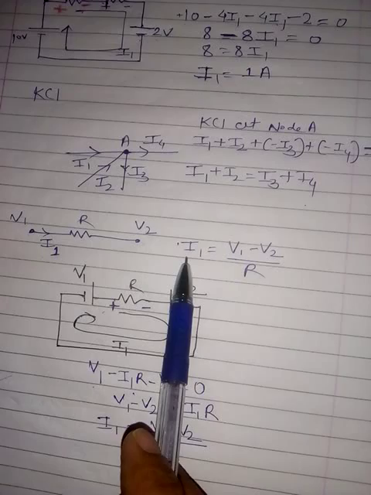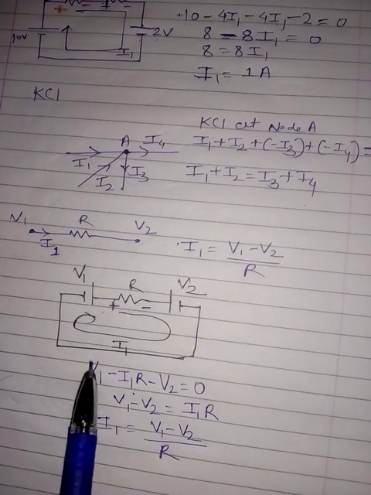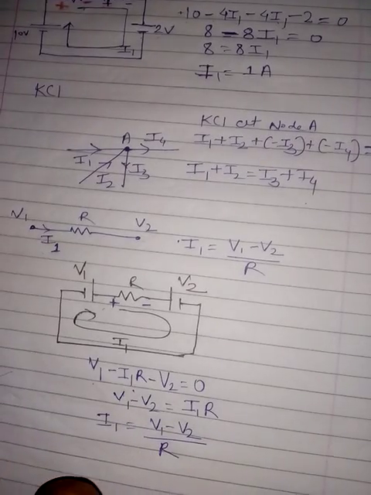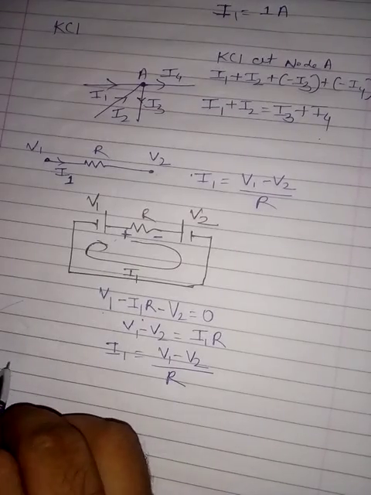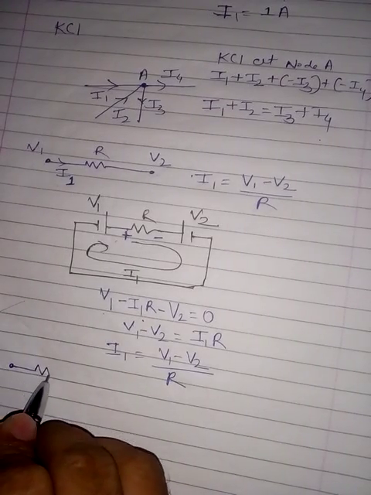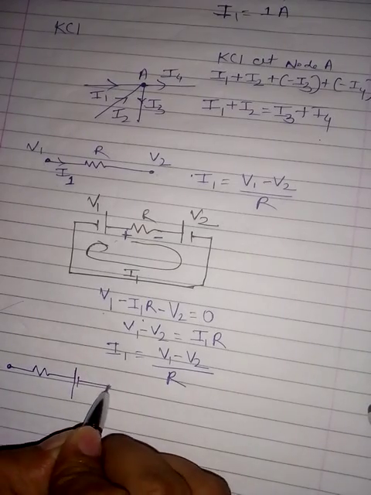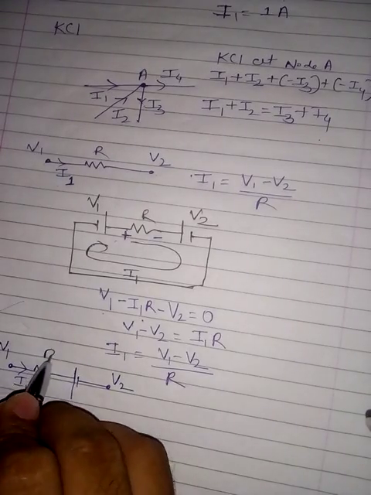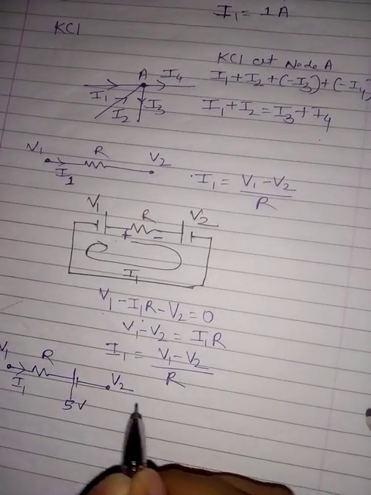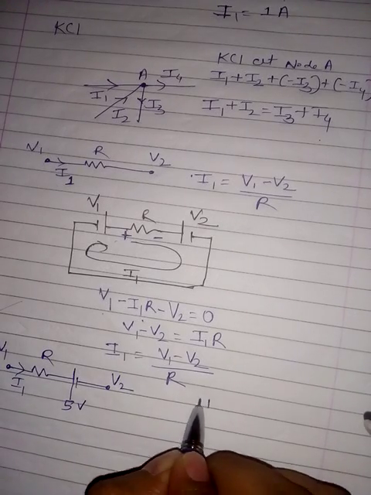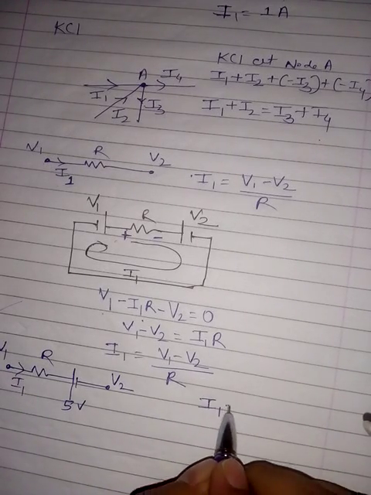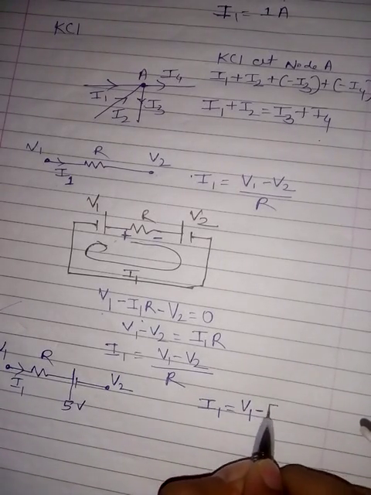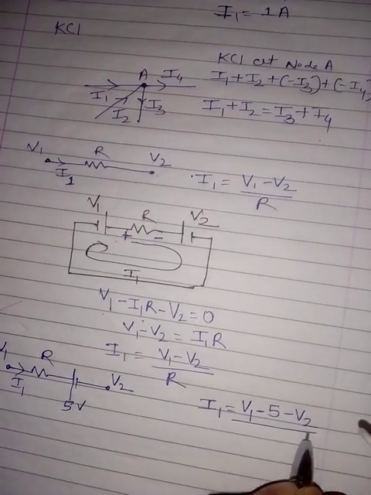Then we can directly write I1 is equal to V1 minus V2 upon R. Similarly, if this type of situation occurs, V1, I1, R, 5 volt and V2, then we can write the value of I1 is equal to V1 positive to negative minus 5 minus V2 upon R.